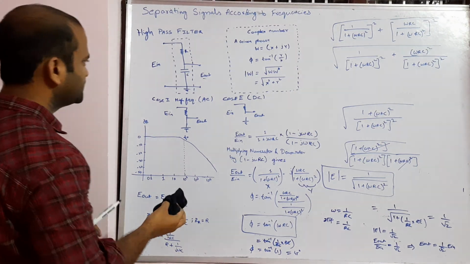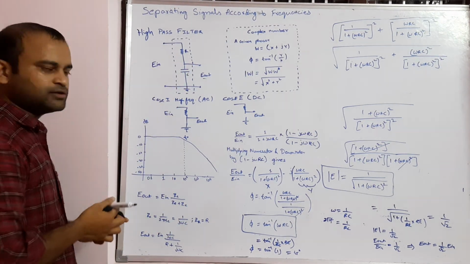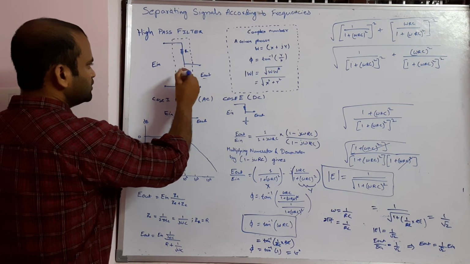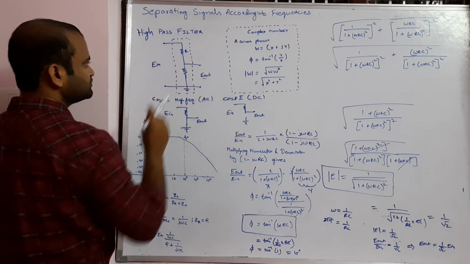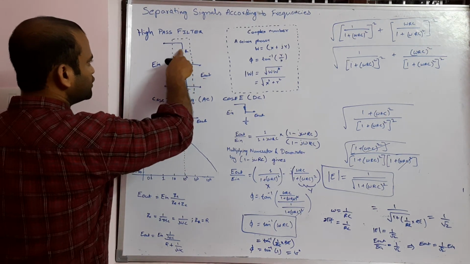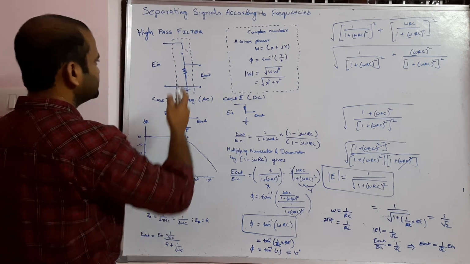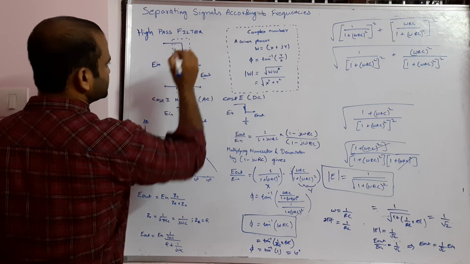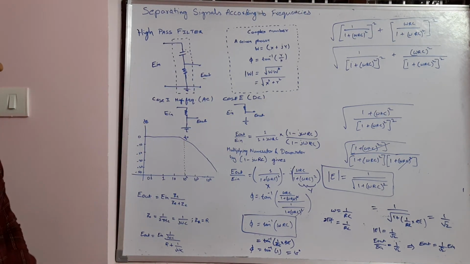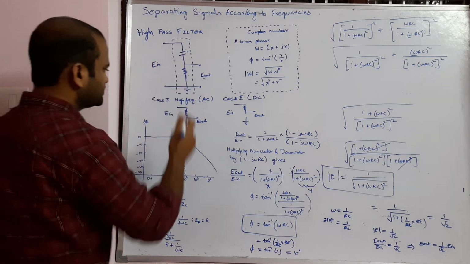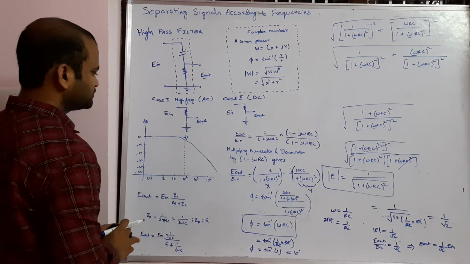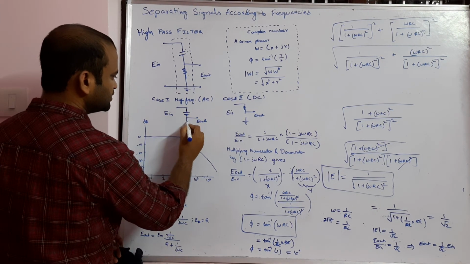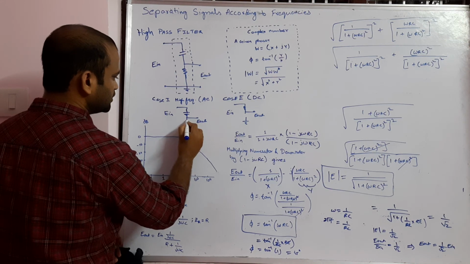To do that, instead of this capacitor, you make a resistor here, and instead of this resistor, you put a capacitor at the input signal. By doing this, our circuit is like this: capacitor and then a resistor.